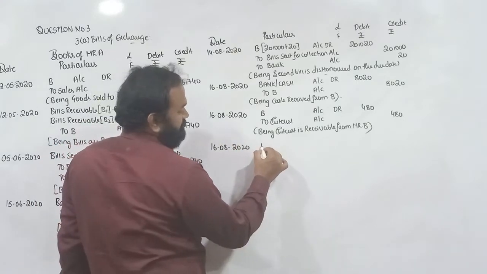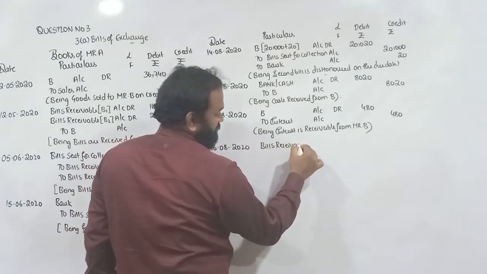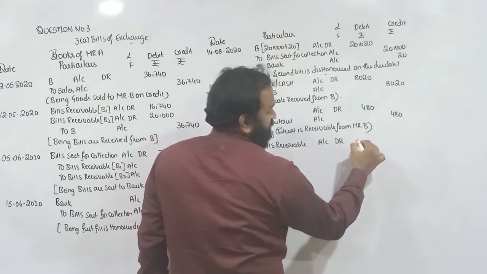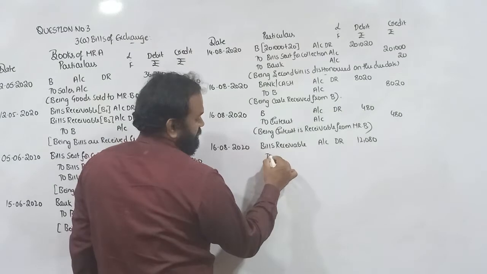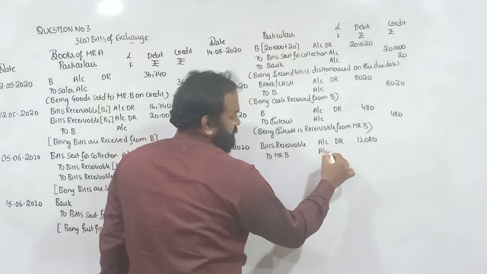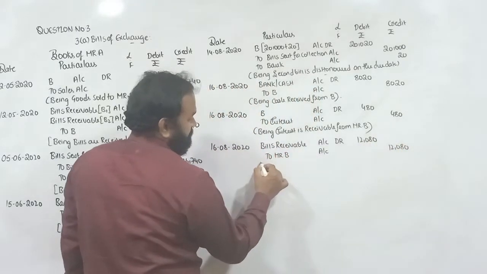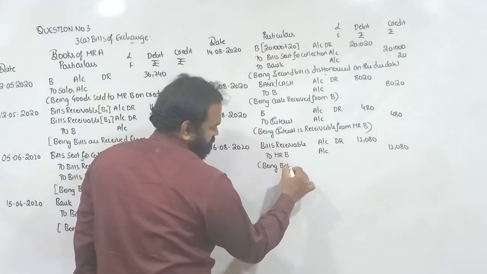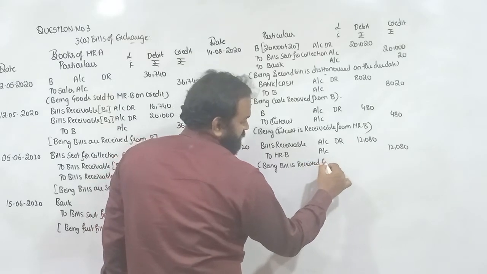New bill is received from B. Bills receivable account debtor 12,480 to Mr. B account 12,480, being bill is received from Mr. B.